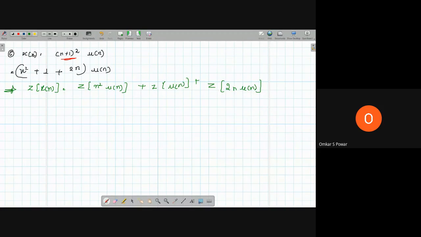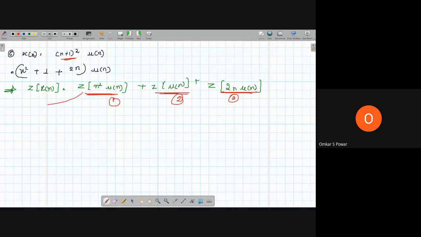So this is your first term, this is your second term, and this is your third term. So we have to solve each one individually, and then add them together according to the linearity property. So this I have done according to the linearity property.